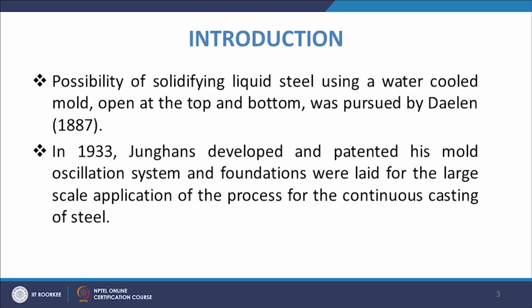They thought that you should have the oscillation system, and that was the time when the foundations were laid for the large scale application of the continuous casting process. From there you can say that a full fledged design of the continuous casting system came into the world.